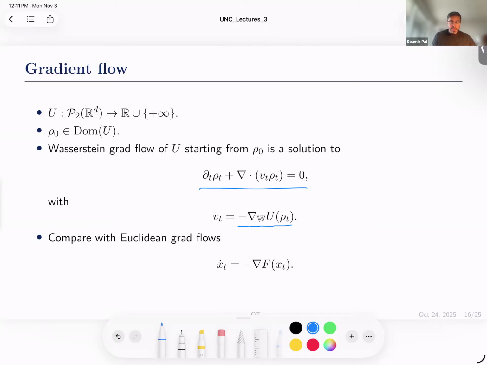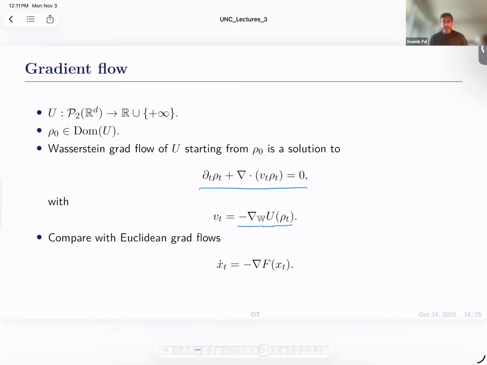You should compare this with Euclidean gradient flows, which are smooth curves that are solutions of the Cauchy problem: the time derivative of x t is the negative of the gradient of f at x t. It's very similar. This is a well-defined object, intrinsically geometric, but its significance only comes from looking into examples.